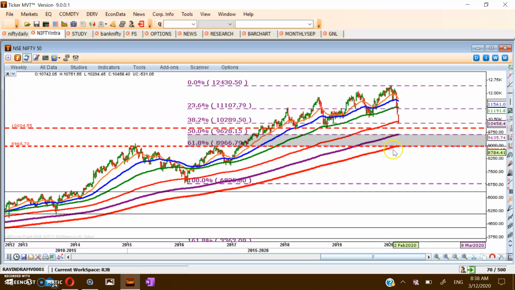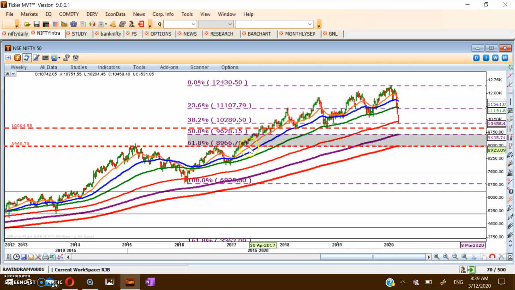So this is a belt which I have plotted in gray. See, that area is basically a support area. So 9,628 to 8,966, this belt can give a strong support, wherein in the past it had formed an ascending triangle breakout.